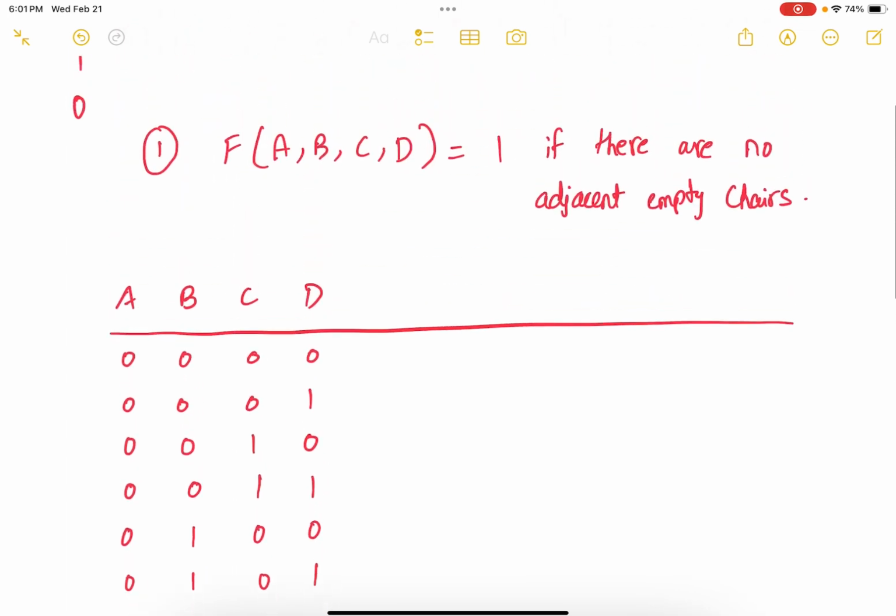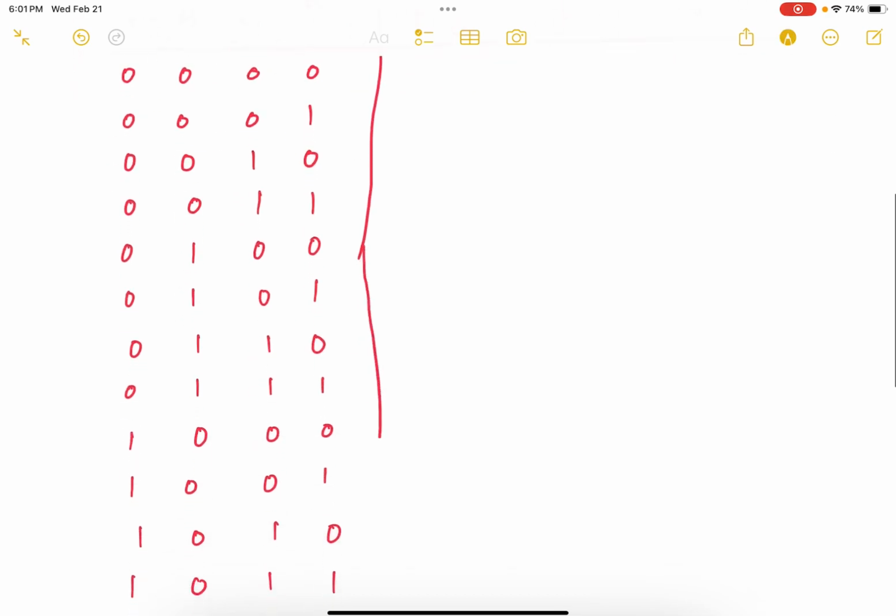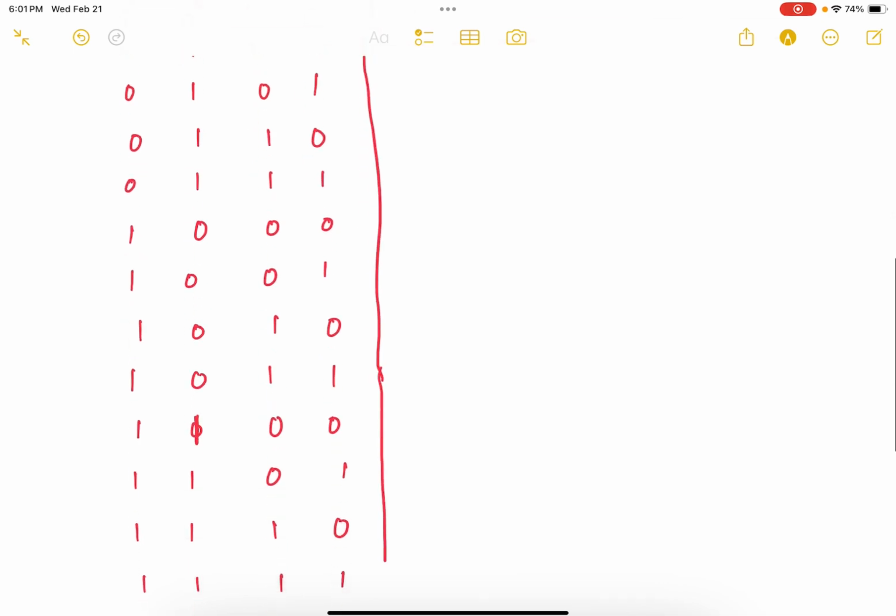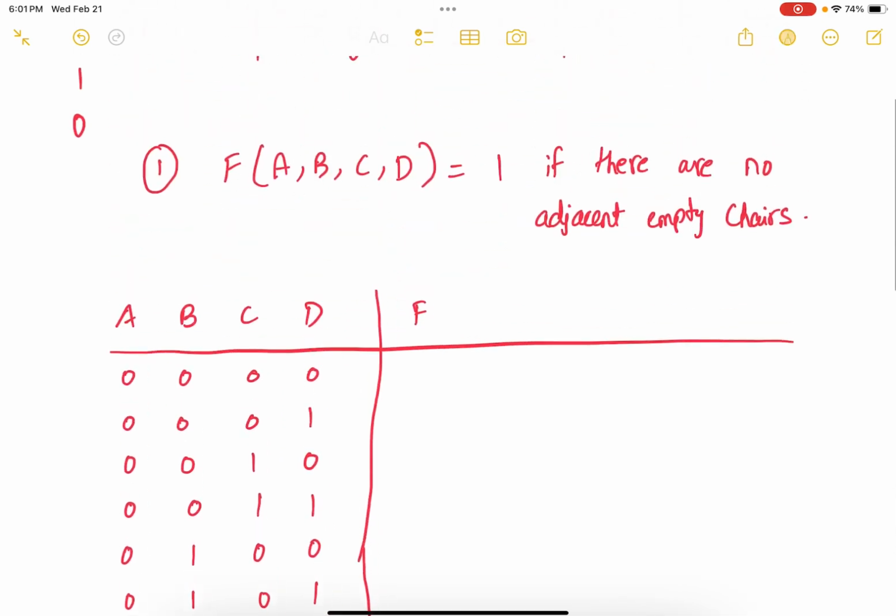Okay. Now the problem specification says that F is 1. So let's have F here. Let's keep this all the way down. So it says F is asserted if there are no adjacent empty chairs. So let's see for which combinations will F be asserted.